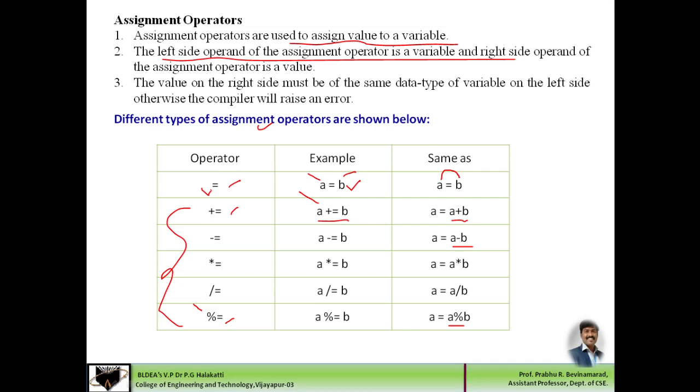It depends upon the programmer how he is going to write the program. But we have to remember how the operation will be performed. In all these cases, first an arithmetic operation will be performed and the result will be immediately assigned to the destination variable.